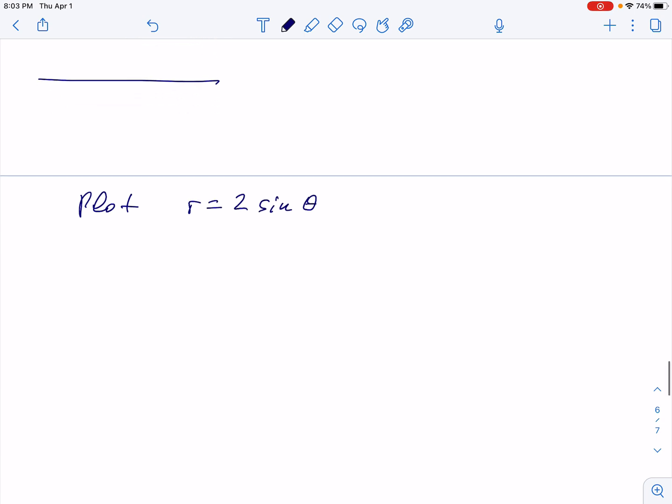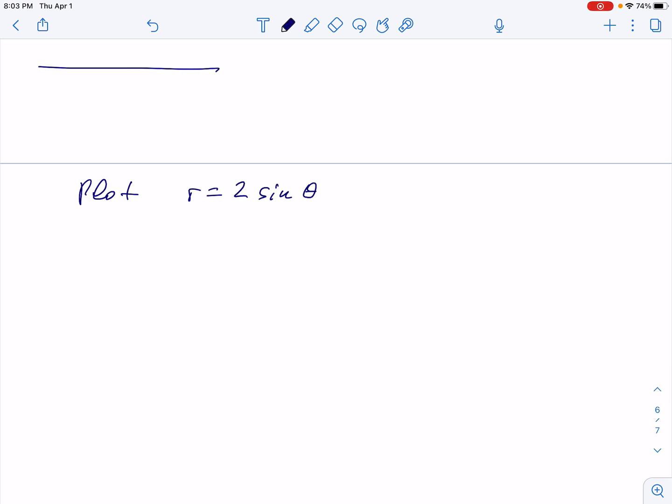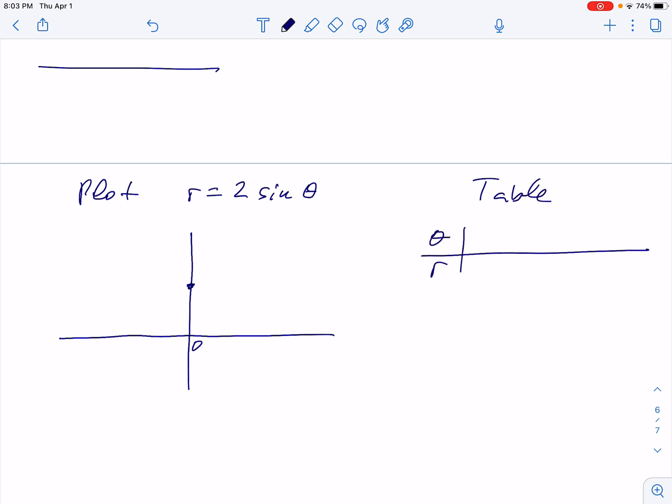Now I want to graph it using my table. This was the center of the circle, but suppose I don't know anything, starting with my table. Again, theta, r, and we're starting from 0. So we again are at 0, 0.